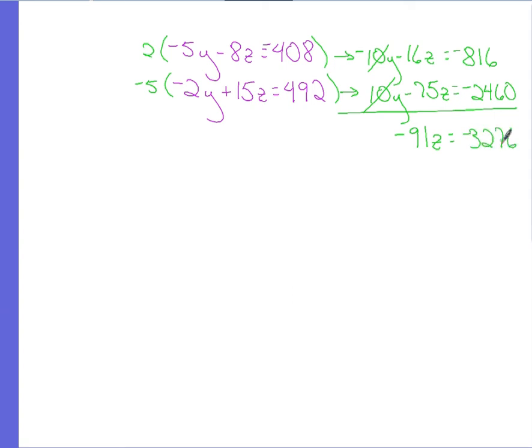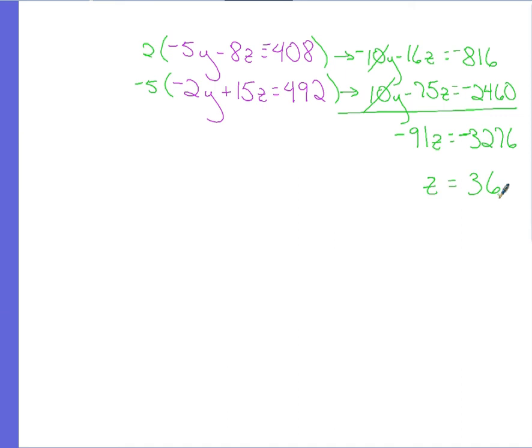Should go up, yeah. If you divide by -91, 36. Beautiful. So we got z.